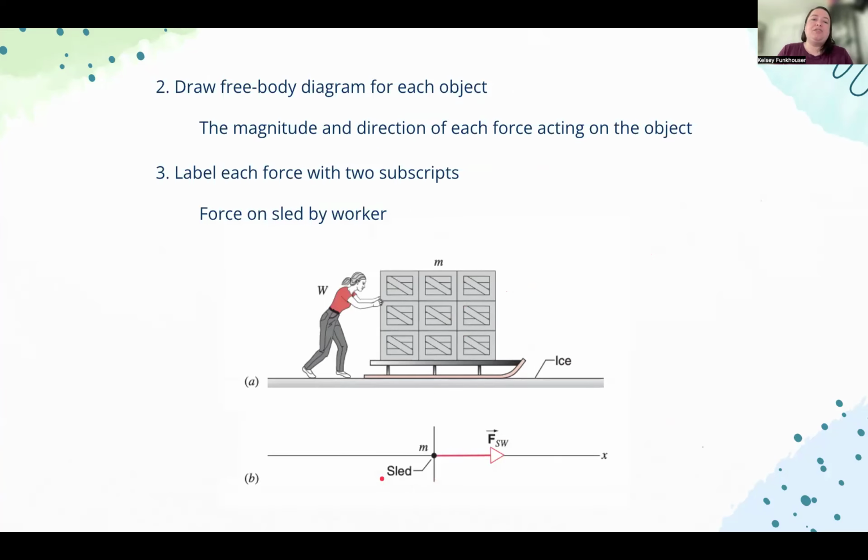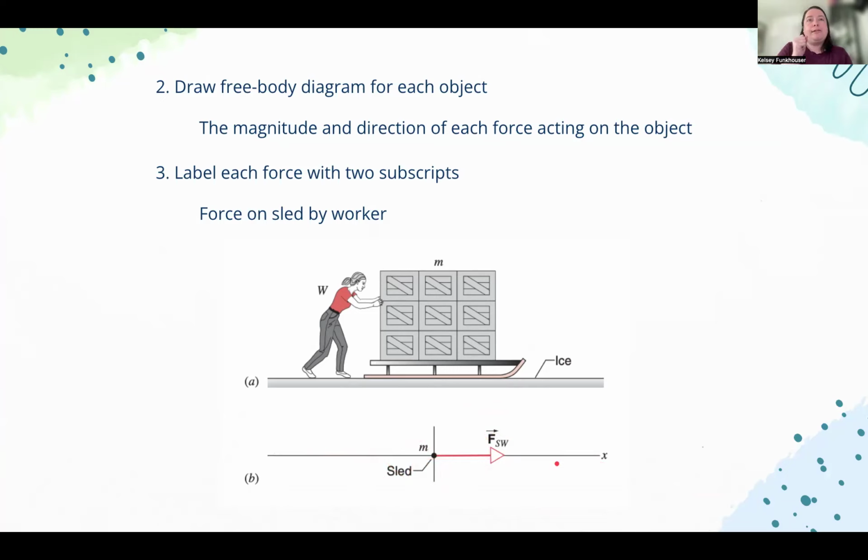The next step is to draw what is called a free body diagram. A free body diagram shows the forces acting on an object. It shows not just the forces, but the magnitude and direction of each force acting on an object. That's what's here at the bottom. You simplify it down.